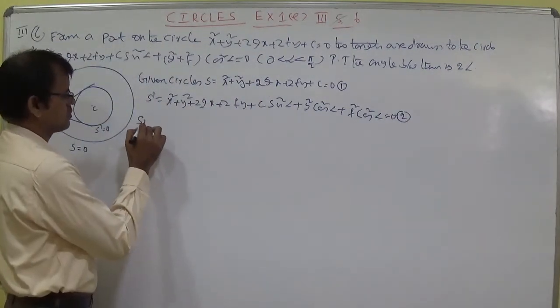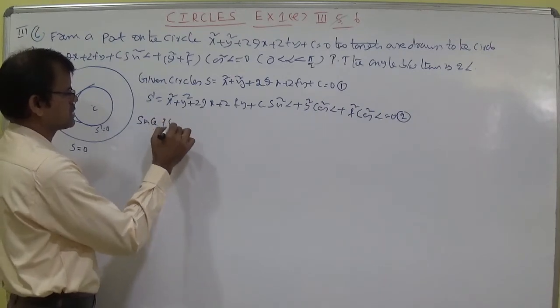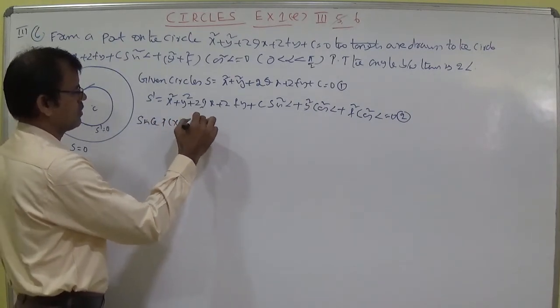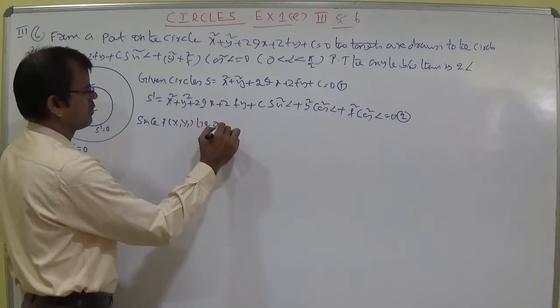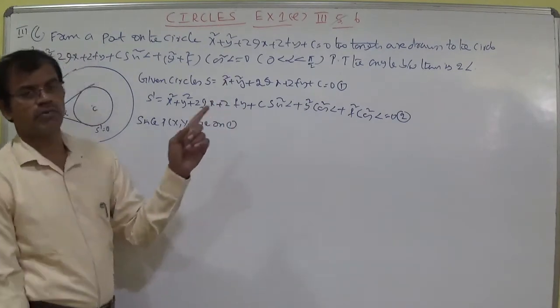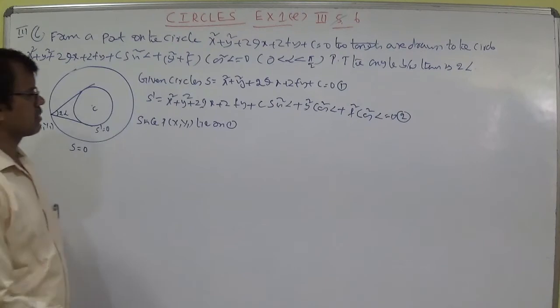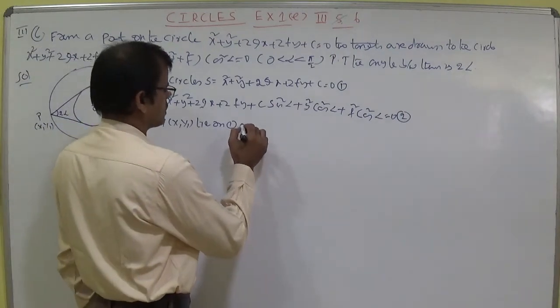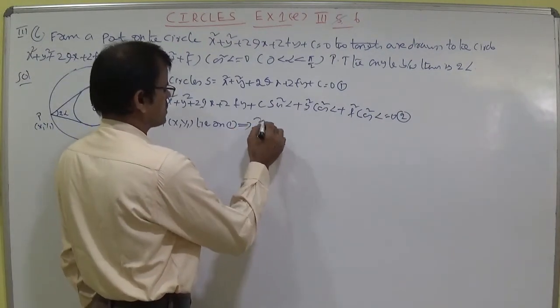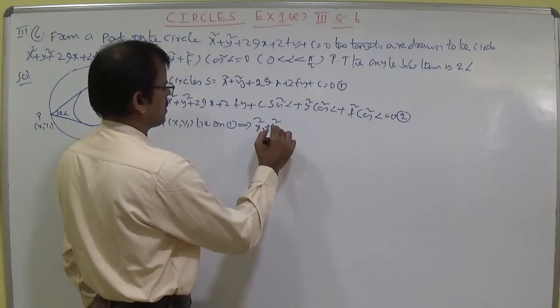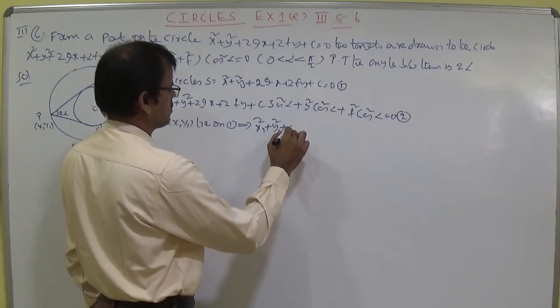Since P(x1, y1) lies on the first circle, substitute the value x1, y1 instead of x, y.